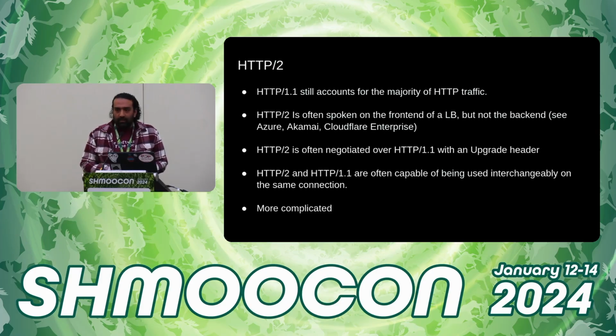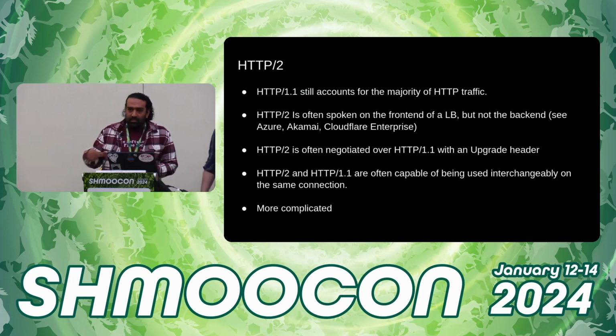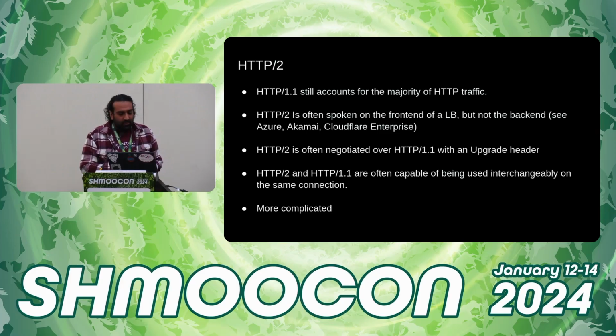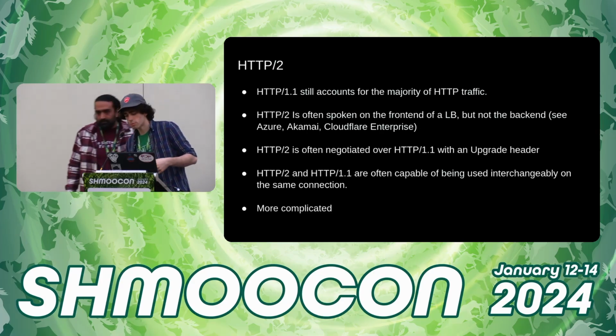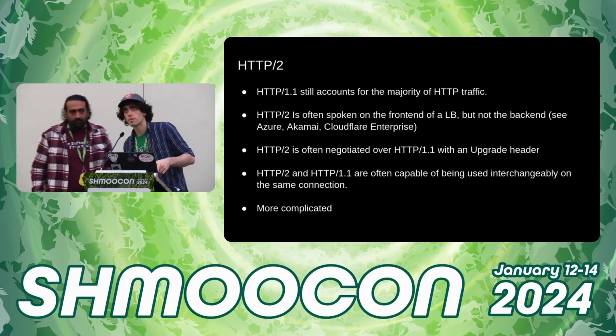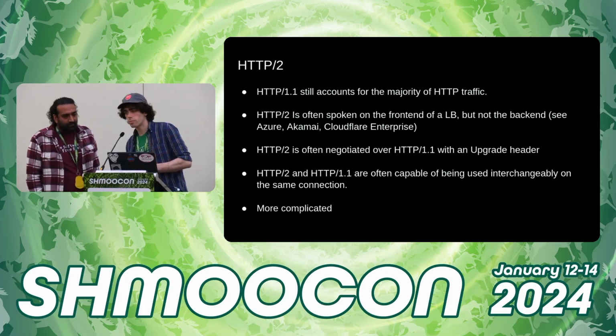You need to keep state when you explore HTTP 2 and 3 also, and HTTP 1.1 still accounts for a majority of the HTTP traffic that we saw. Although the front-end server could talk HTTP 2, the back end almost always gets rewritten.